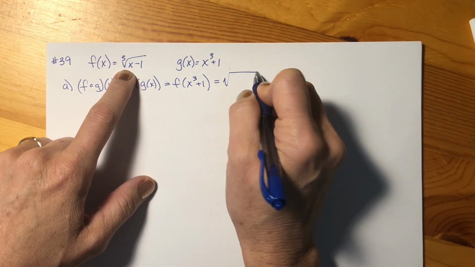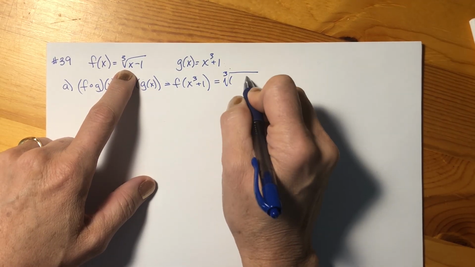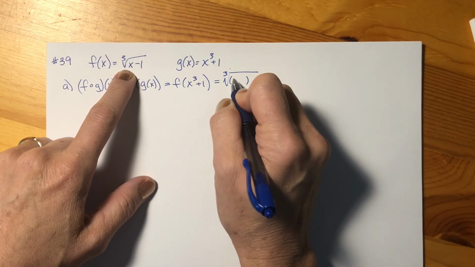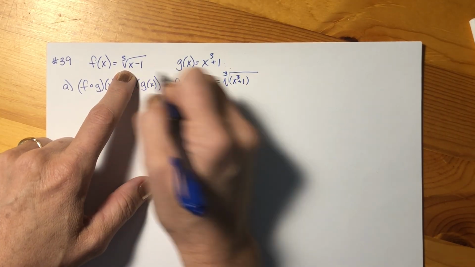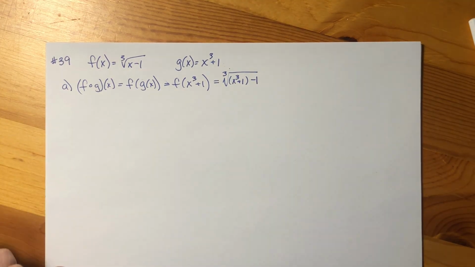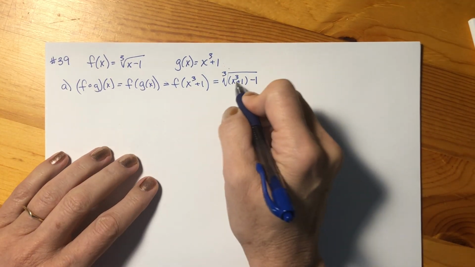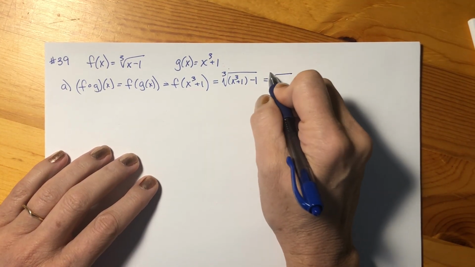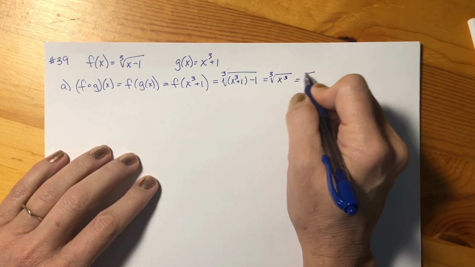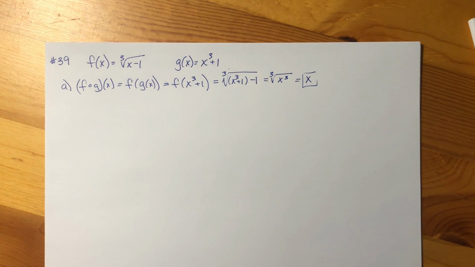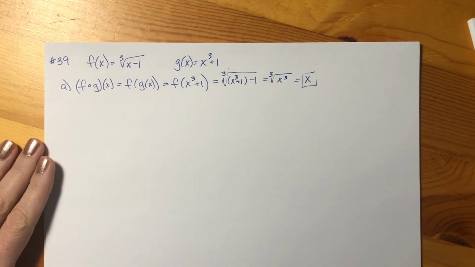So I've got the cube root of, and this is where I would have my x, x cubed plus 1, and then minus the minus 1 from up here. Well, that's really nice, isn't it? Because isn't that just going to be the cube root of x cubed, which the principal root would be just plain old x. That's nice. Let's try another one.